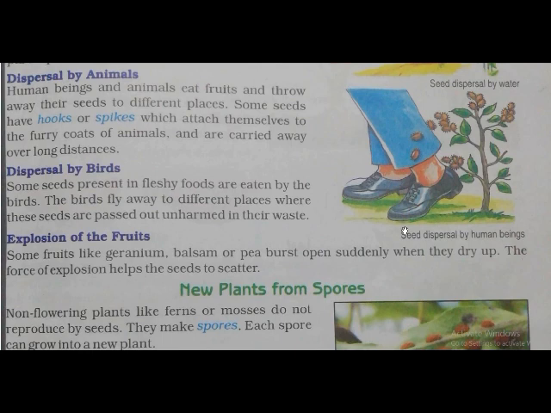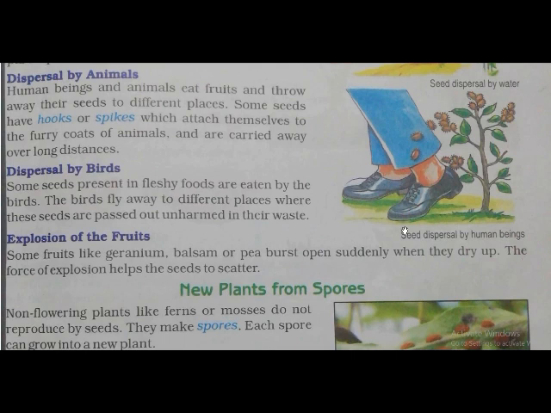Then the bird flies away to a different place where the seeds are passed out unharmed in their waste. When the bird goes to a far distance, it releases waste material. With the waste material, these seeds come out, and then the seed grows into a plant.